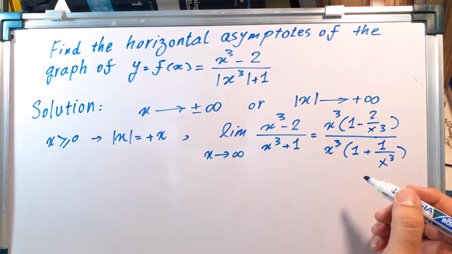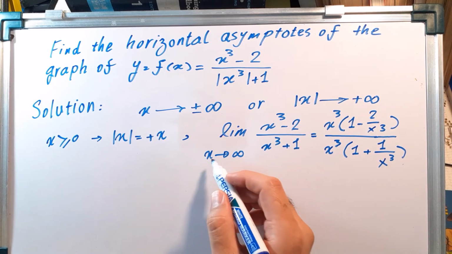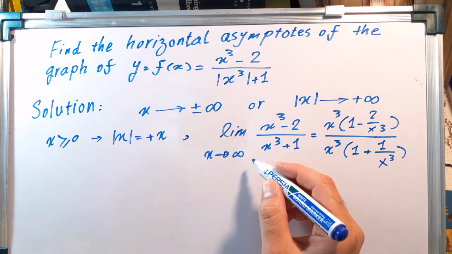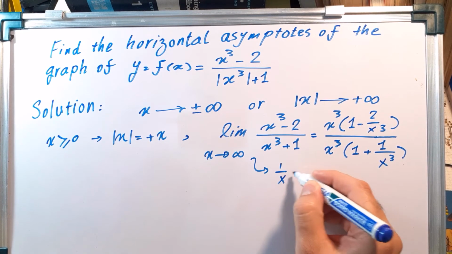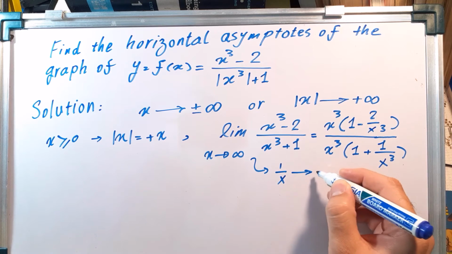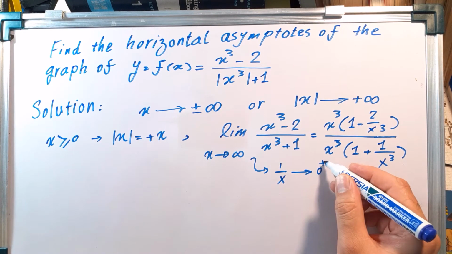And considering that x approaches positive infinity, 1 over x approaches 0 from the right.